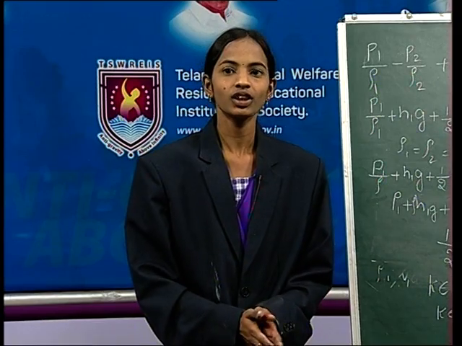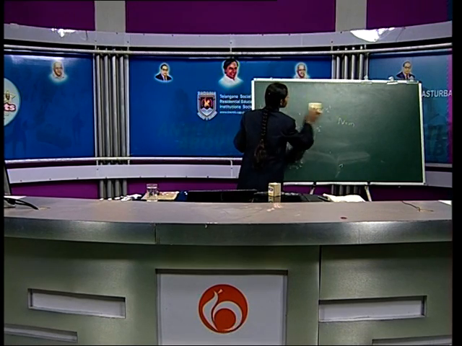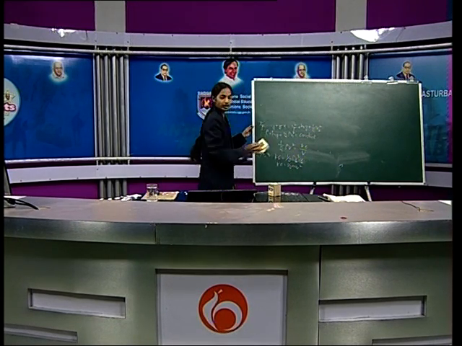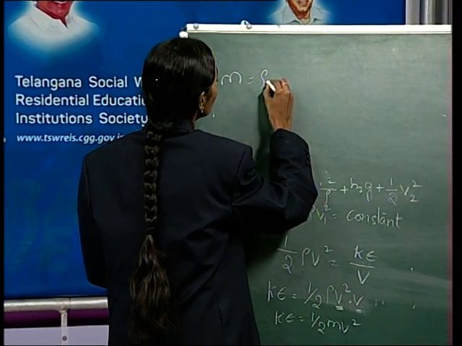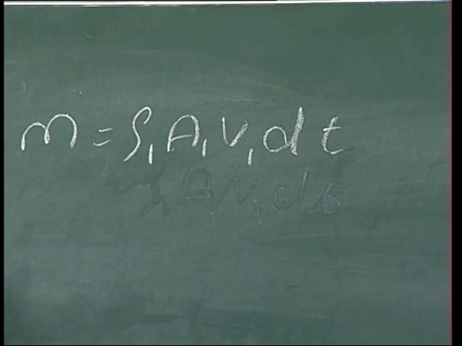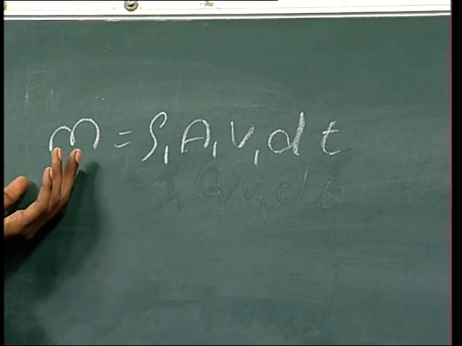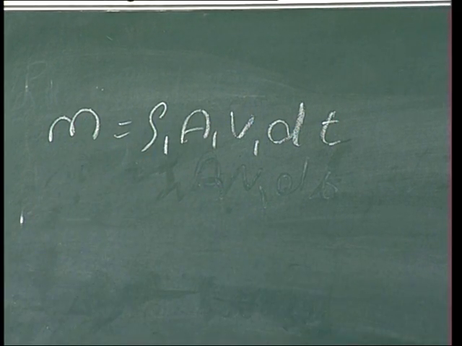Okay, let us recall what we learned today. Moreover I want to explain one thing. We take that mass m is equal to rho 1 A1 v1 dt, right? I want to explain how mass is equal to rho 1 A1 v1 dt.